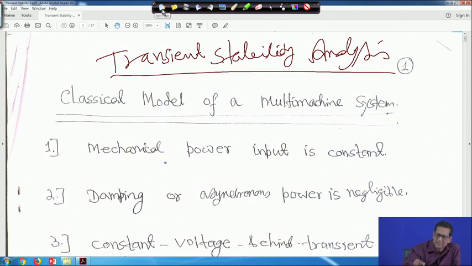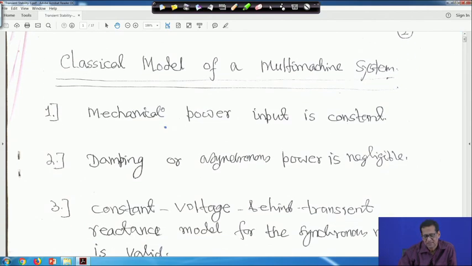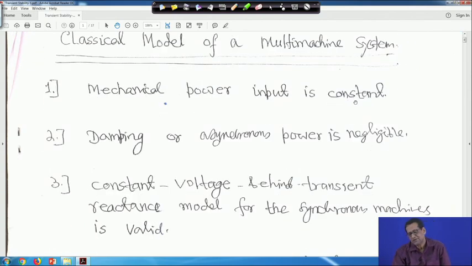In the case of this transient stability analysis, first we have to see the classical model of a multi-machine system. Number 1, mechanical power input, we assume that it is constant; we have to make some assumptions. Number 2, damping or asynchronous power is negligible, right. So, based on certain assumptions we will move.